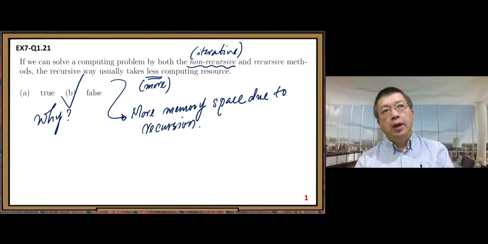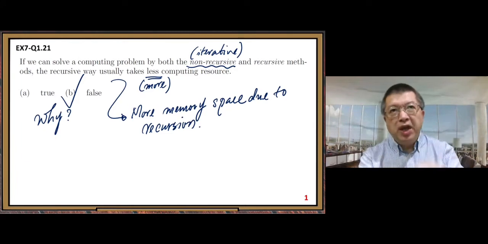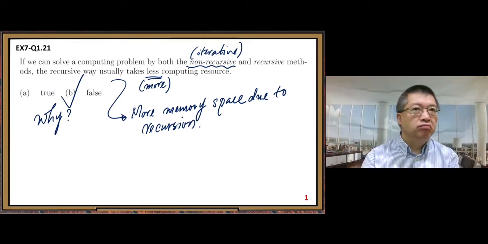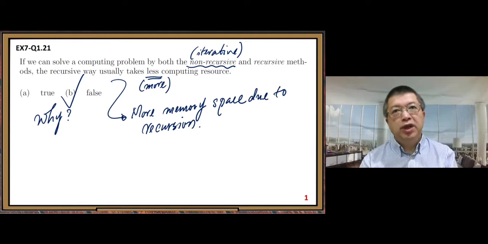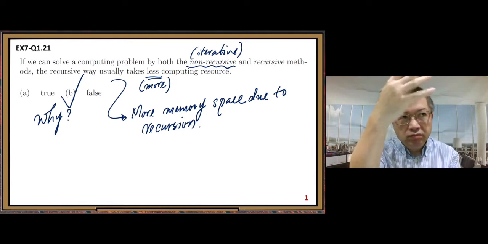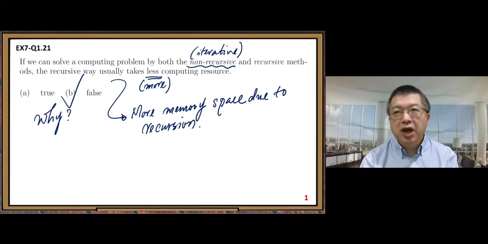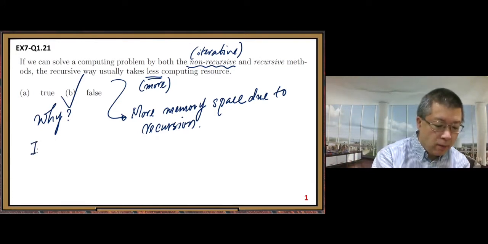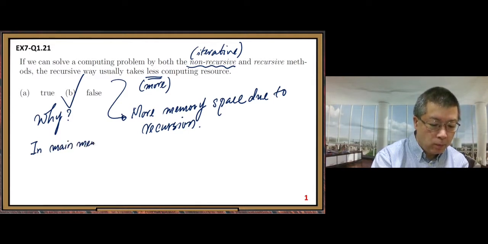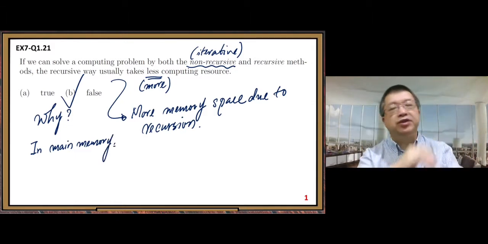Recursion implementation, the programming language needs to do a lot more inside the main memory. So in main memory, how to implement recursion.